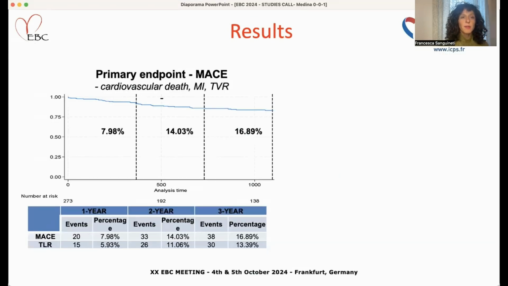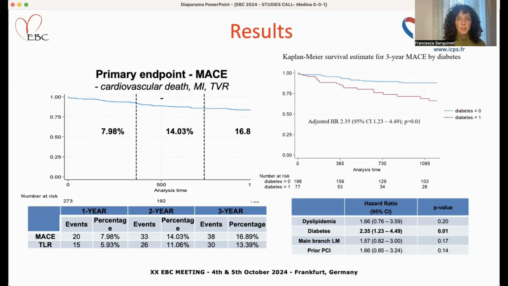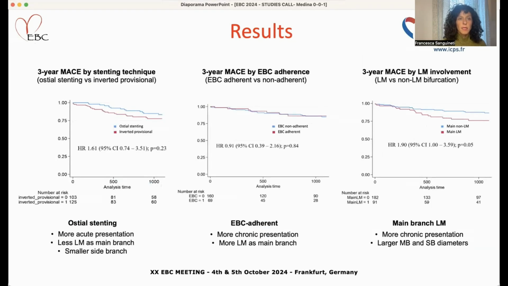So the endpoint was experienced by 74% of patients at the median follow-up of 3 years, and the only independent predictor of MACE at 3 years was diabetes. Looking deeper at the technical aspect may be more interesting for this kind of treatment. The 3 years MACE were compared for ostial stenting and inverted provisional.